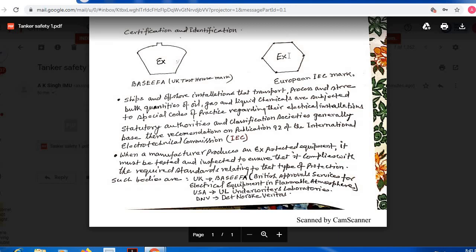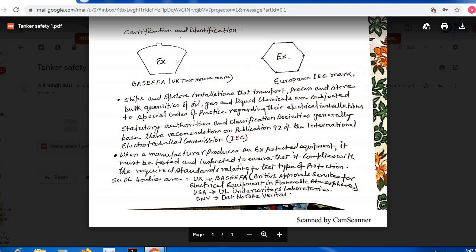Next class we will be talking about the characteristics of gas groups and explosion limits. We will take, for example, four types of gases and analyze them from various points of view, which are factors for explosion. When certification is given for the equipment, all these various characteristics are taken into consideration.